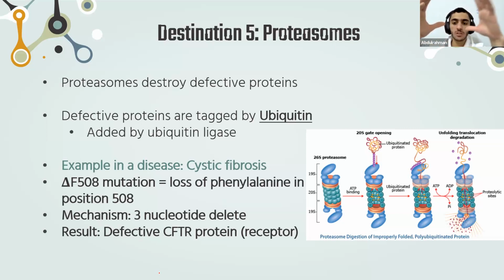Just to keep it short and straightforward, we don't want you. We don't want the wrong proteins. So your body tries to break it down. And what does it use to break it down? It uses a proteasome. So a proteasome, you see the protea kind of starts for the protein at the start, and proteasomes are zooming and breaking down the proteins. Okay, so proteasomes are breaking down defective protein.